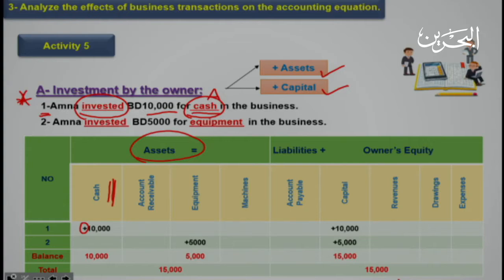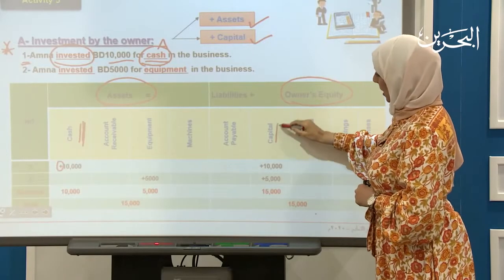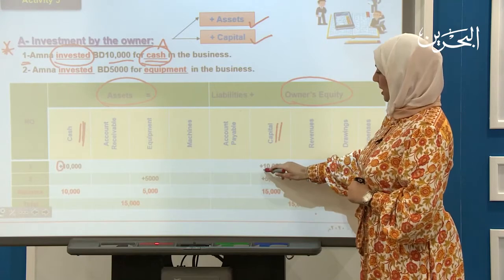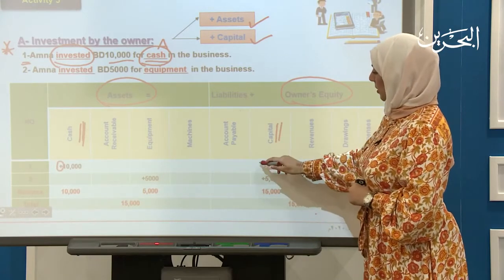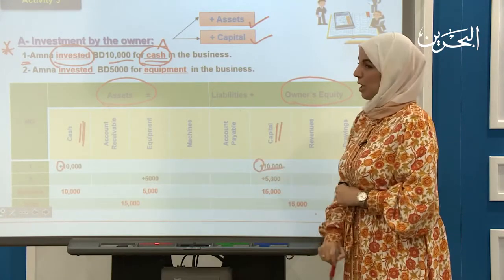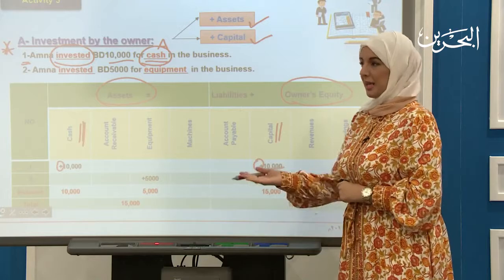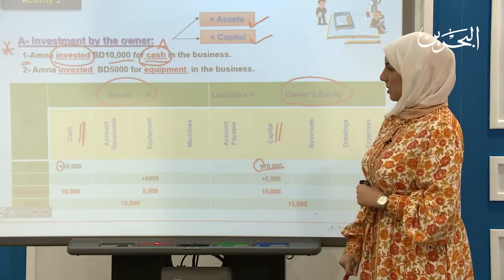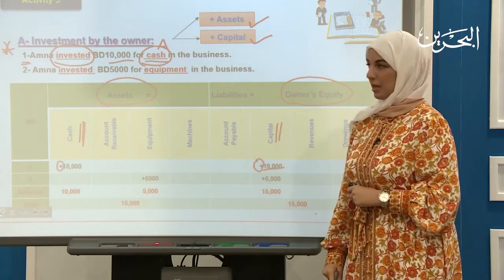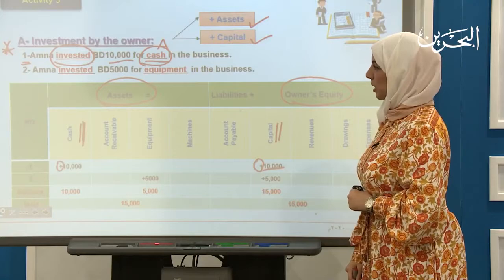Then the investment will increase the capital of the company. So I will move to the owner equity section under the capital account, and I will put 10,000, and also I will put the plus sign to show that the capital of the company is increased. This is for the first transaction.